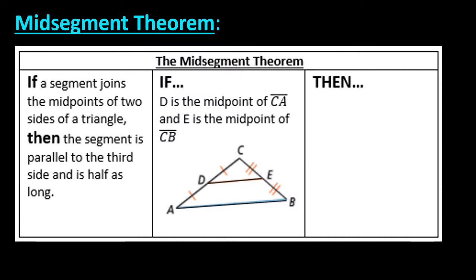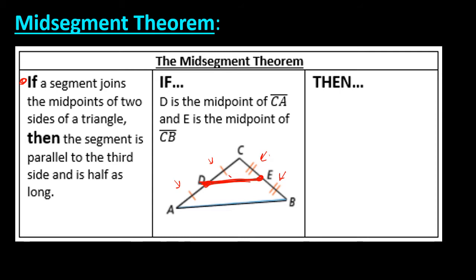The midsegment theorem says, if a segment joins the midpoints of 2 sides of a triangle. In this picture, I have D and E, and they're both midpoints, and we see that by the marks here. It says then the segment is parallel to the third side, and it is half as long.